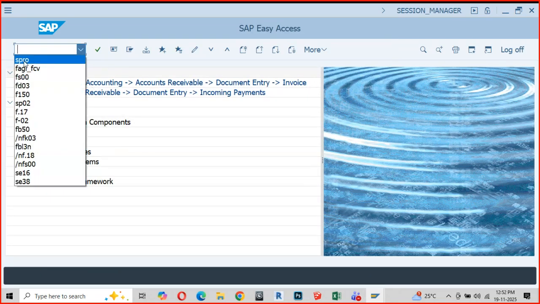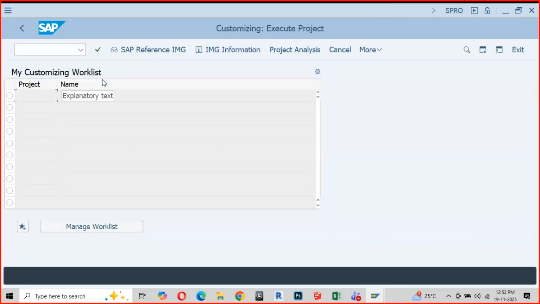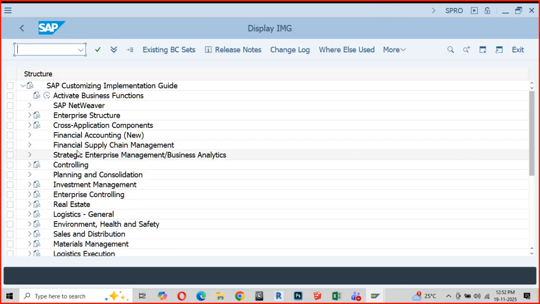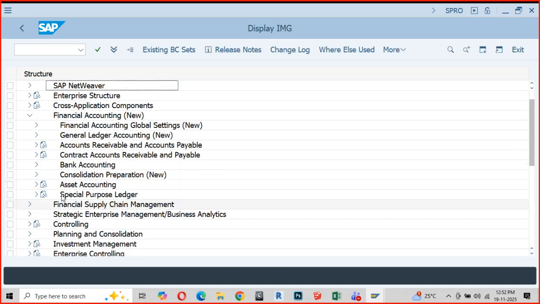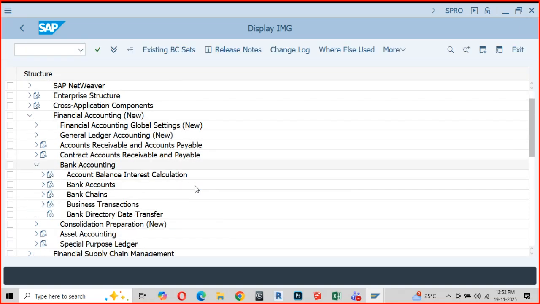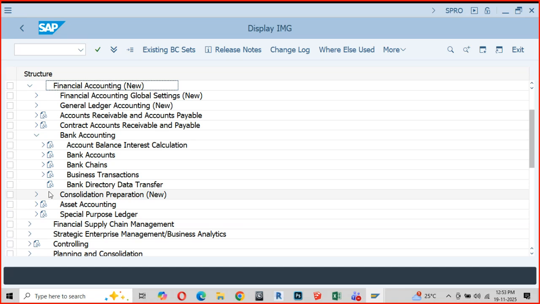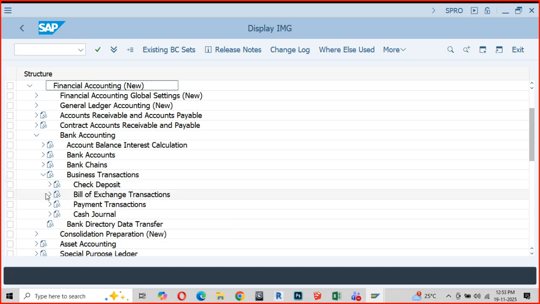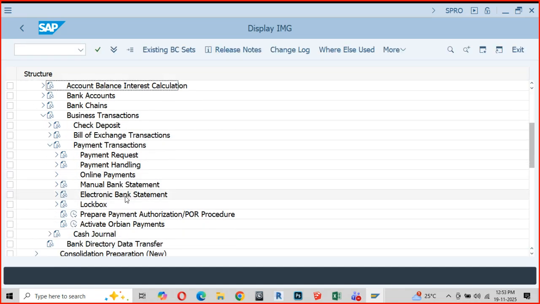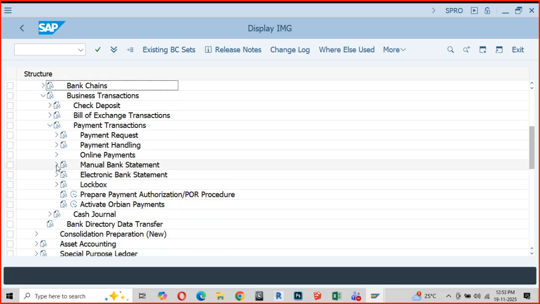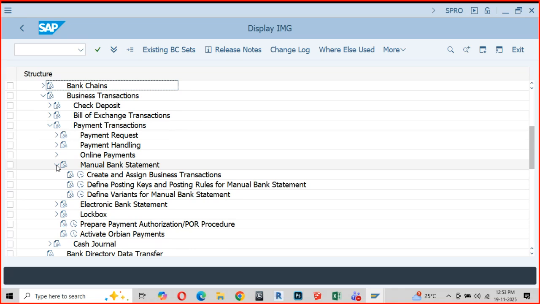So I was talking to you about the BRS. So you have the manual BRS and you have the electronic BRS. So these are the settings which we as consultants do. Sorry, just give me a moment.